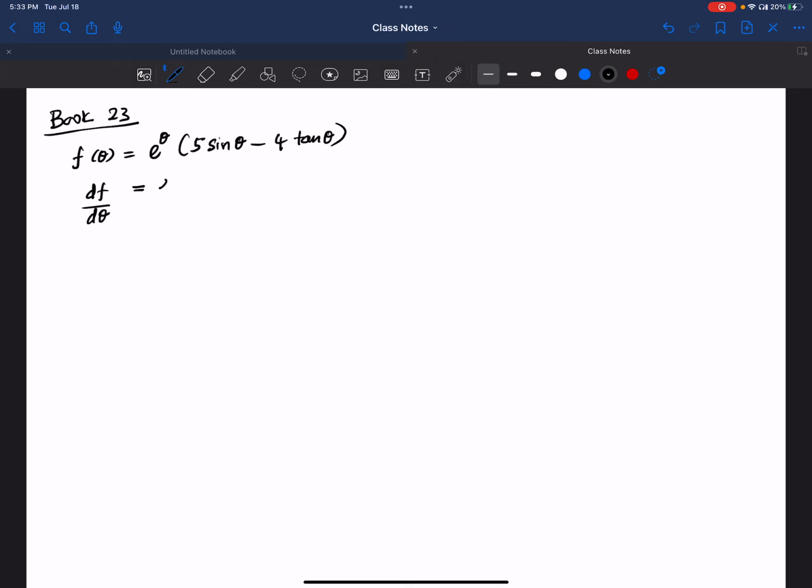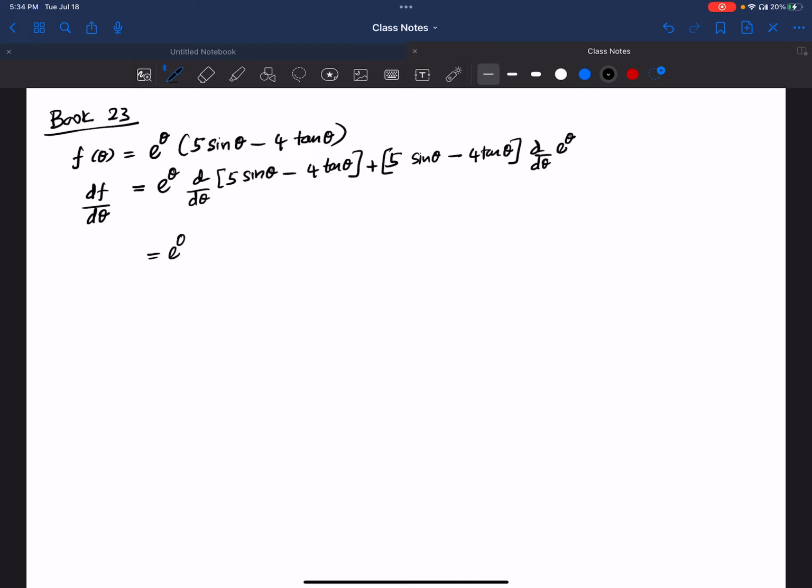So I can write e to the power theta times d over d theta of 5 sine theta minus 4 tangent theta, plus 5 sine theta minus 4 tangent theta times d over d theta e to the power theta.